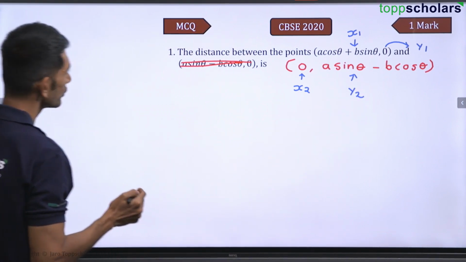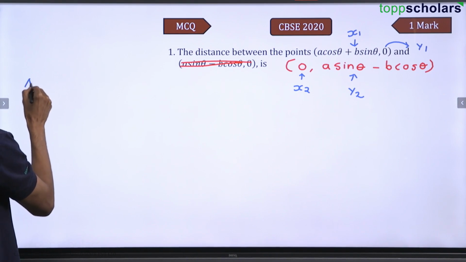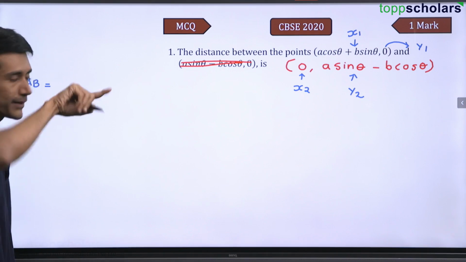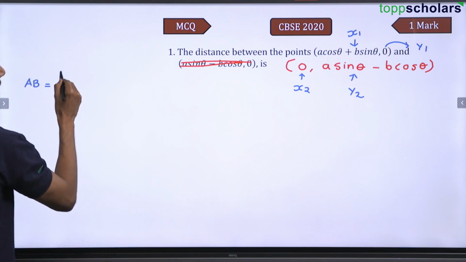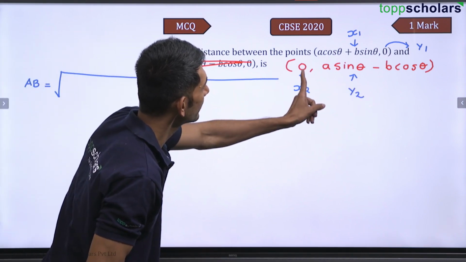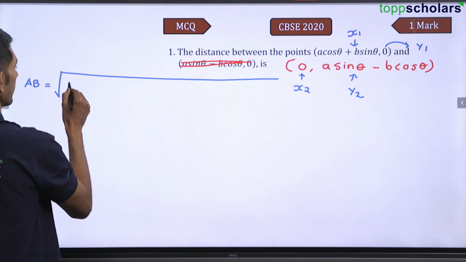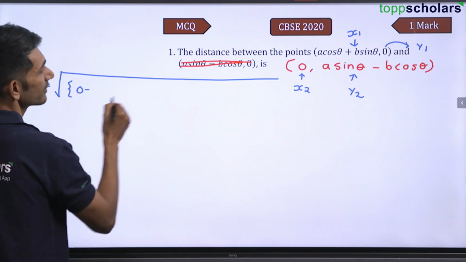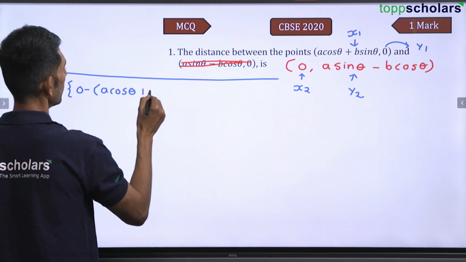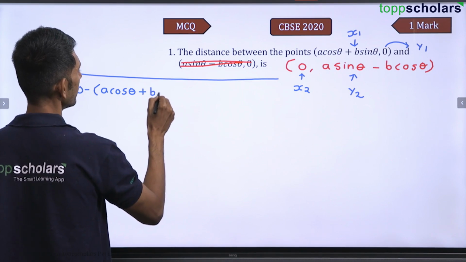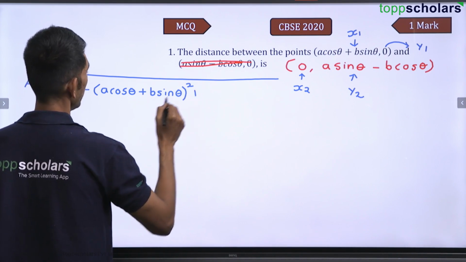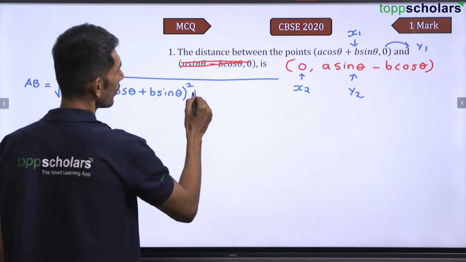What is the formula for distance between 2 points? We know that distance between 2 points is given by x2 minus x1 the whole square plus y2 minus y1 the whole square whole under root, right? So under root of this becomes x2 minus x1, that is 0 minus a cos theta plus b sin theta the whole square, plus y2 minus y1.